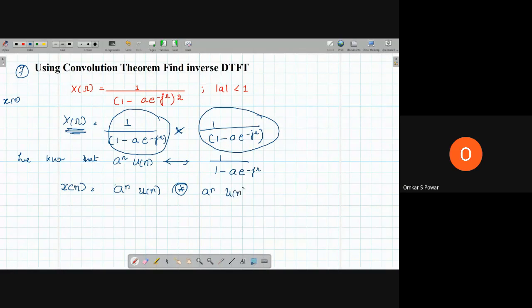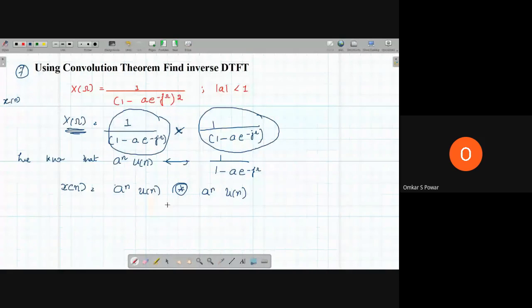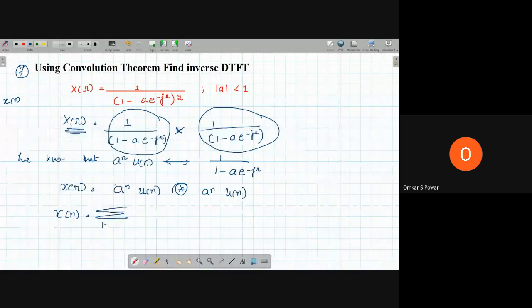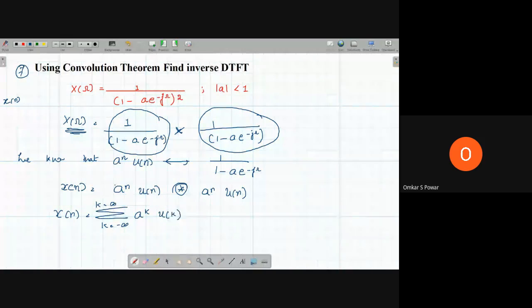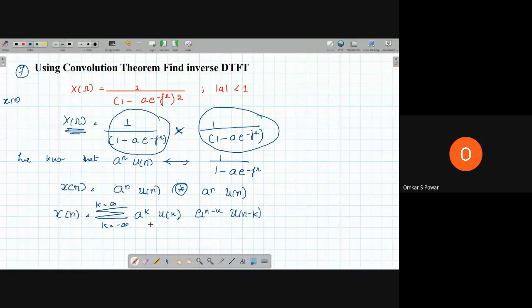So how can we simplify this one? x of n is equal to, since it is discrete, summation k varies from minus infinity to infinity, a power of k u of k into a power of n minus k u of n minus k, that is, x of k into h of n minus k. Go back to convolution.